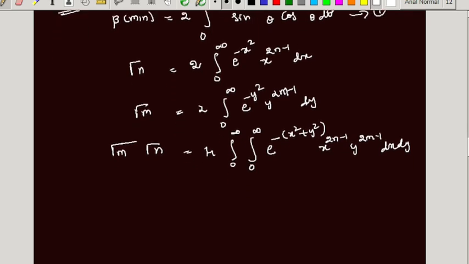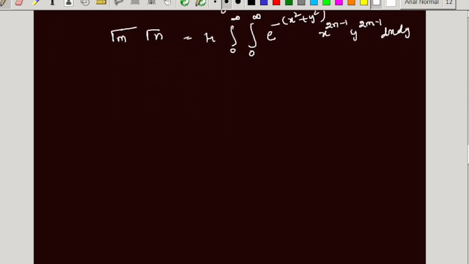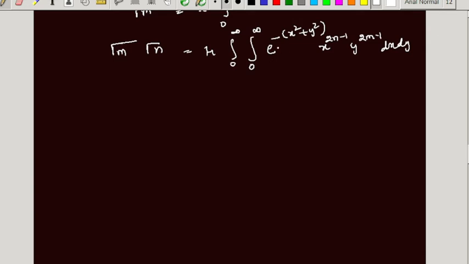So here e power minus x square plus y square is there. This x square plus y square is nothing but a circle. So here we are getting the first quadrant. Already we have discussed this one.